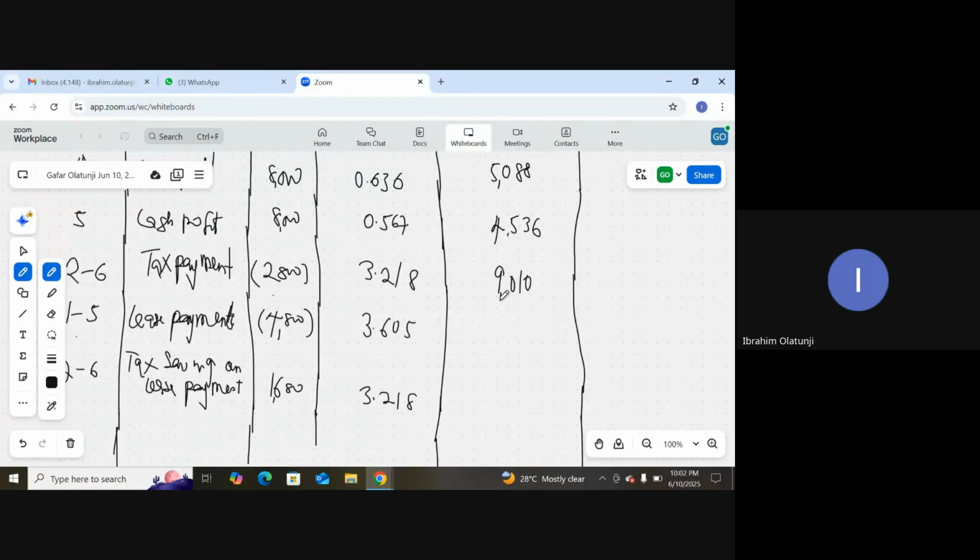Followed by what? Minus nil, so it will be in brackets because of this bracket. 17,304 minus as well.